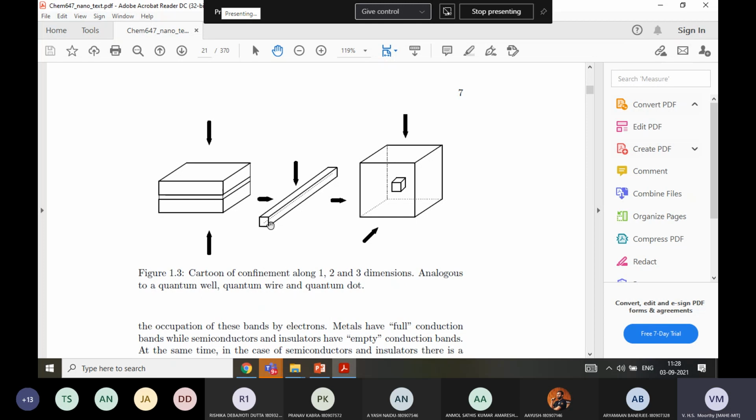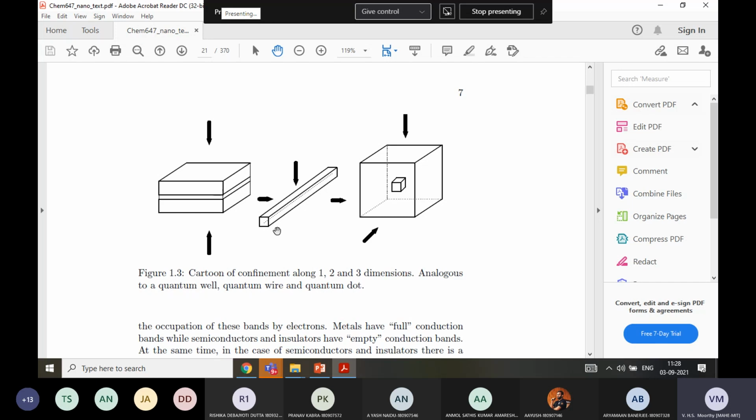Since the electron is now moving freely in only one dimension, let us say the x direction, and in both the y and z directions it is unable to move freely, this type of structure is called a one-dimensional structure. It can be x, y, or z, because x, y, z is only a naming, nothing very important.